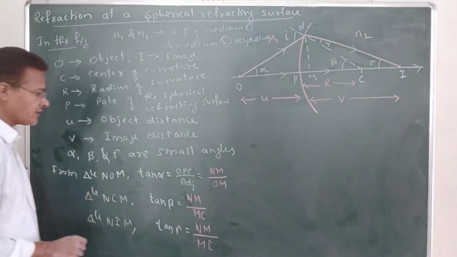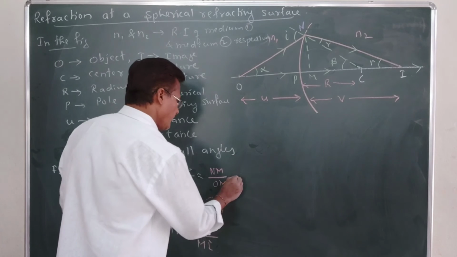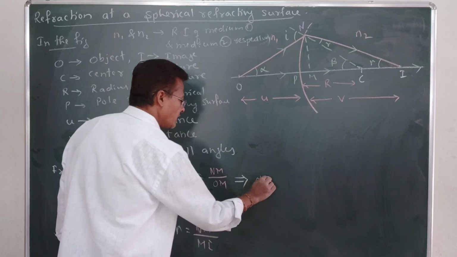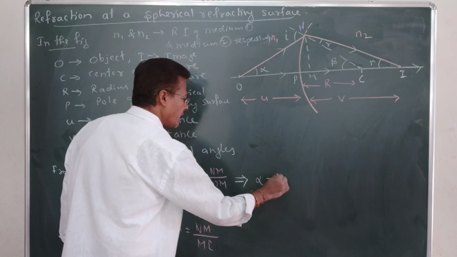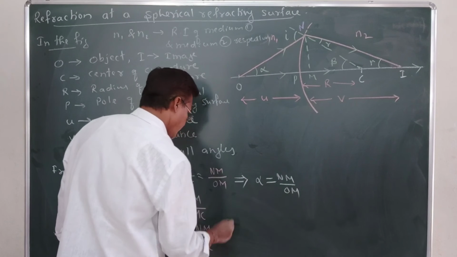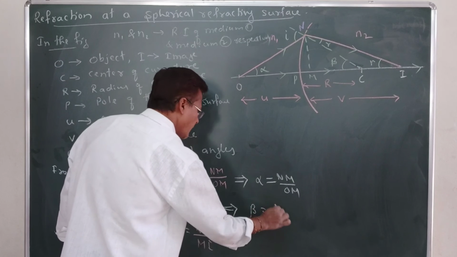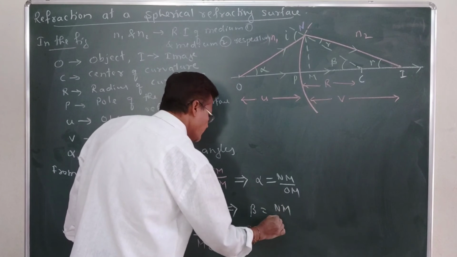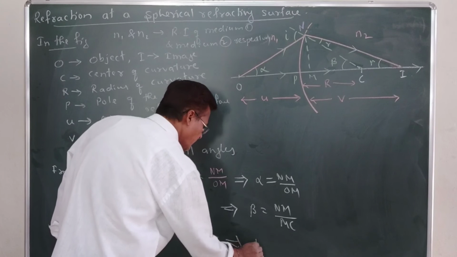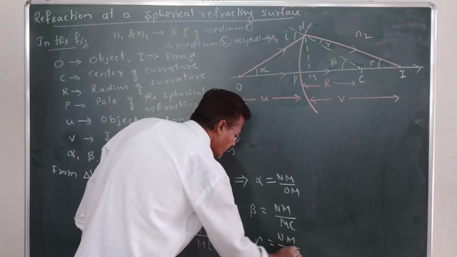These are small angles, as already informed, so tan of the angle is nearly equal to the angle. Alpha equals NM by OM, beta equals NM by MC, and gamma equals NM by MI.